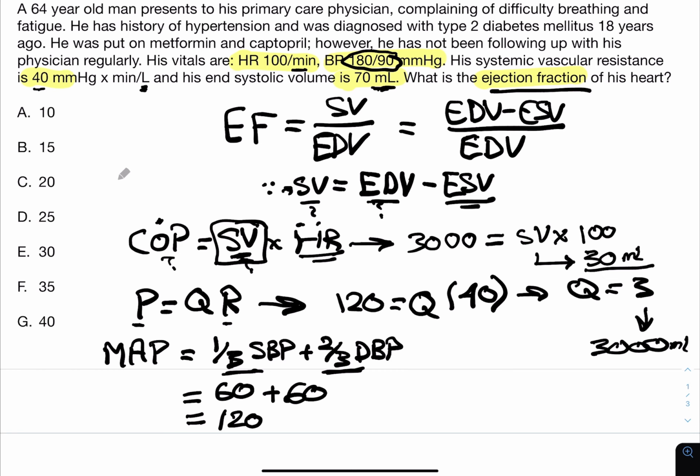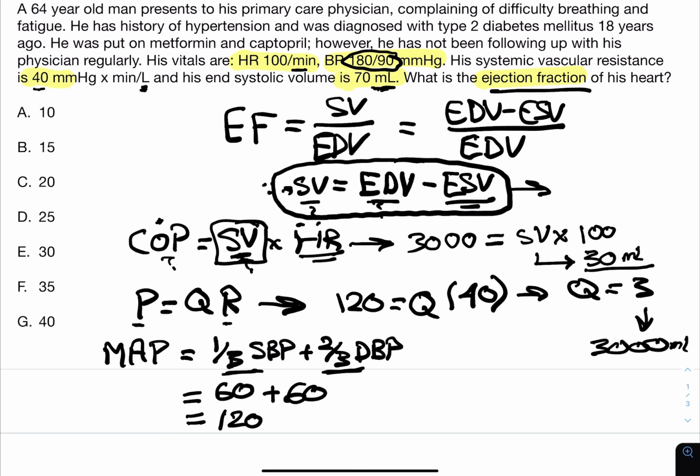So now we have the stroke volume and the end systolic volume, okay, and we said that if we have only one unknown variable, we could figure out the answer. So here we have stroke volume and end systolic volume, and now we could figure out the end diastolic volume.